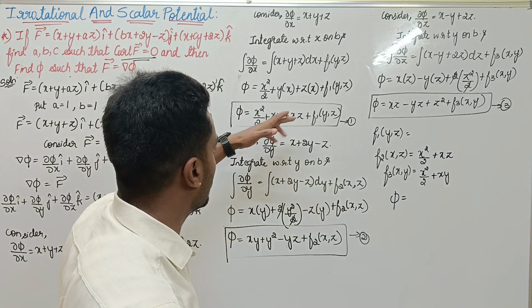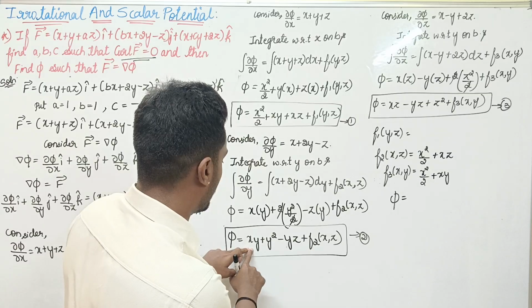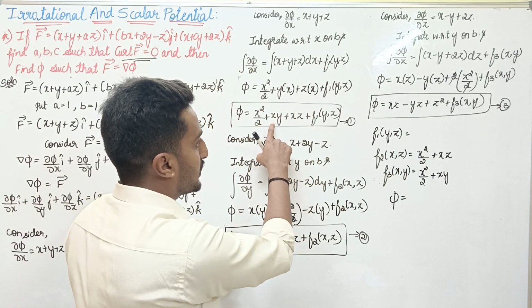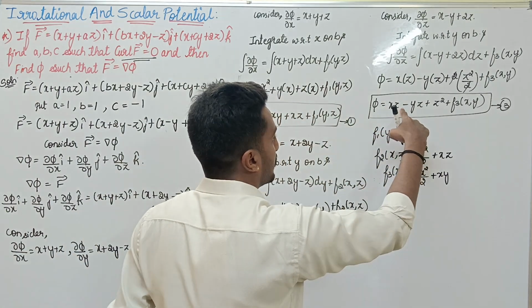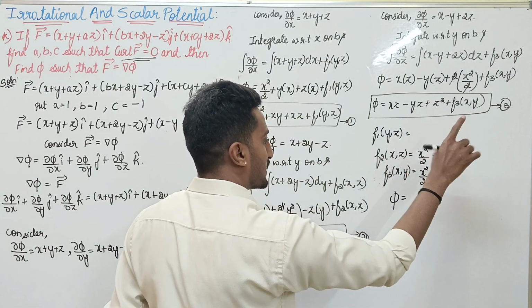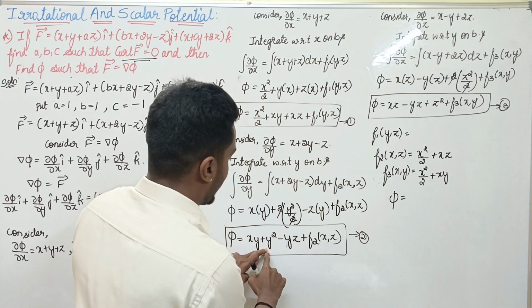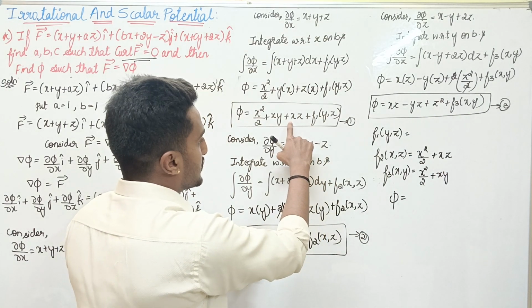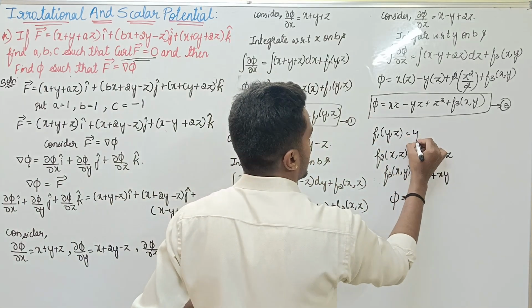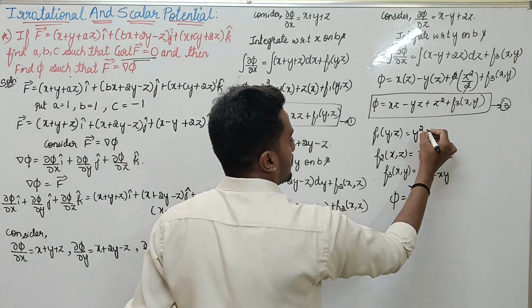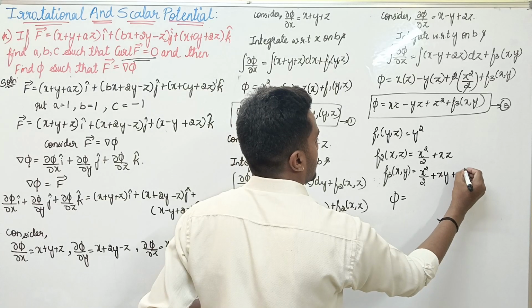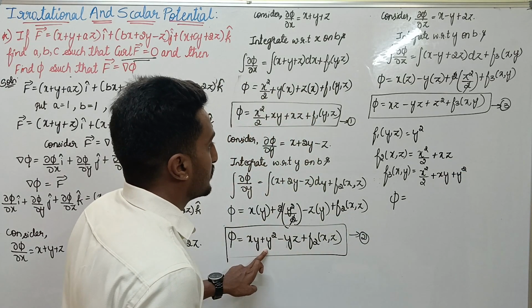Here we have xz in equation 3, so it is satisfied, and there is no need of giving it in f3. Next, we have xy here and also here, and in f3 we don't have xy, but we have given xy, so it's satisfied. Now y square: we don't have y square in the first equation, and in the last equation also we don't have y square, so plus y square. Done.